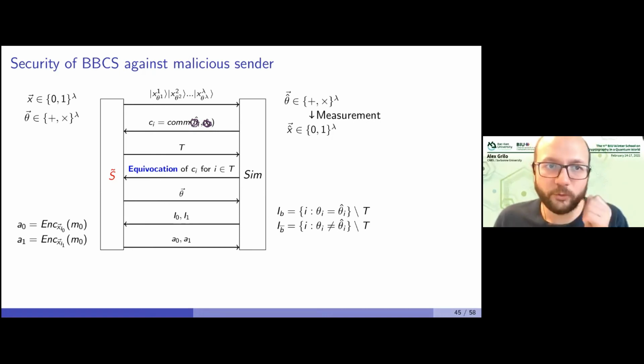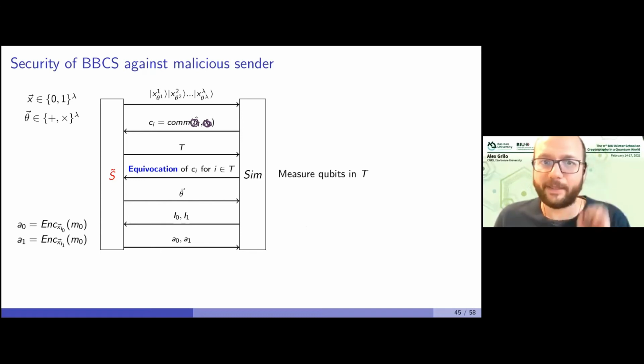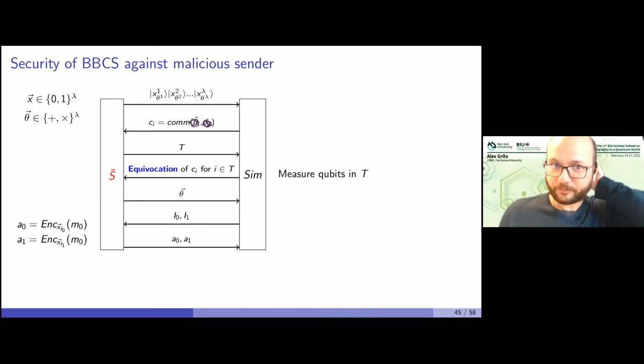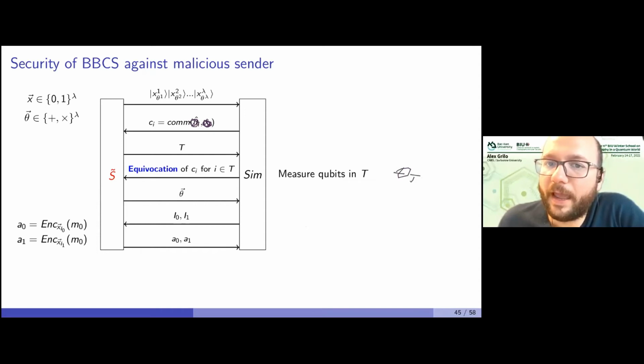And whenever you do these commitments of zeros, since we don't need the measurement outcomes anymore in the second message, we can just delay them, right? So whenever the simulator receives the set T, that's the challenge from this malicious sender, the simulator can then pick the correct theta for the set T, and this will give you the measurement x for the set T.